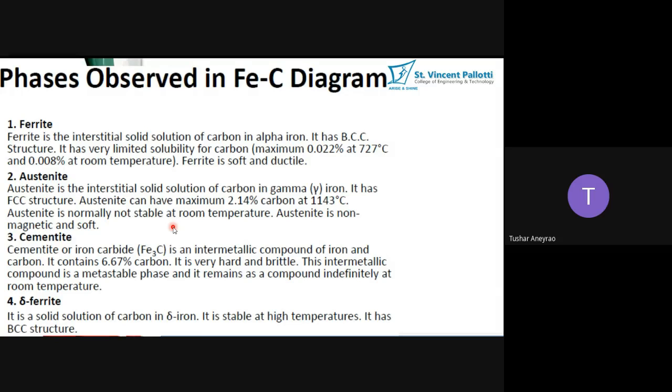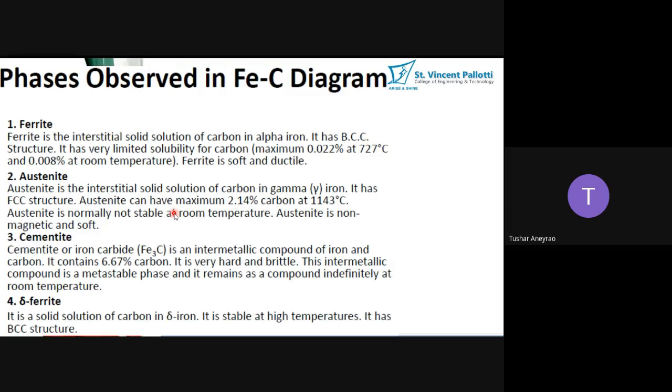Are you understanding what I'm saying? Austenite is not at all stable at room temperature, but still it is present. And now, how is it present? What is the mechanism due to which the austenite is present at room temperature? That we have to study in the further topics.